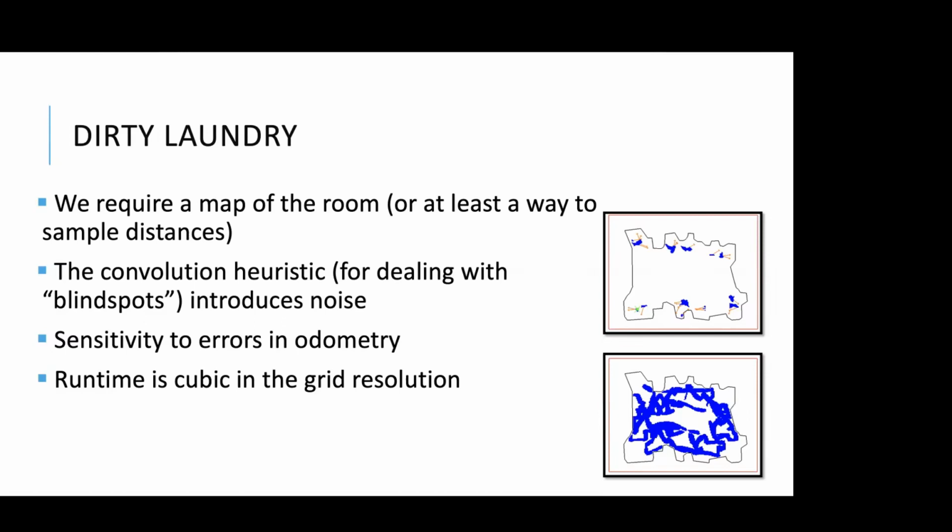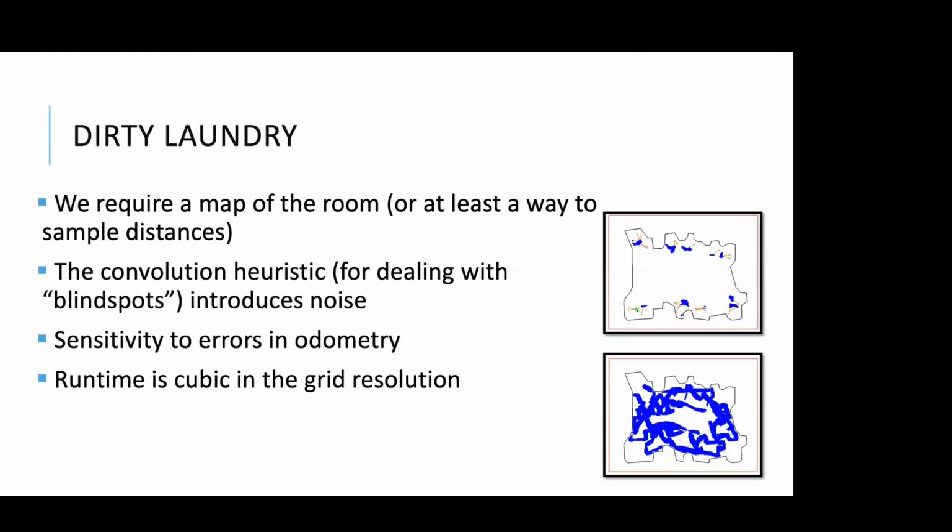So we actually don't need a polygon at all for this algorithm to work. What we need is a way to sample the distance, right? If we had some oracle that would give us an SDF, a signed distance function to the room, the algorithm would still work, but we still need to get that.